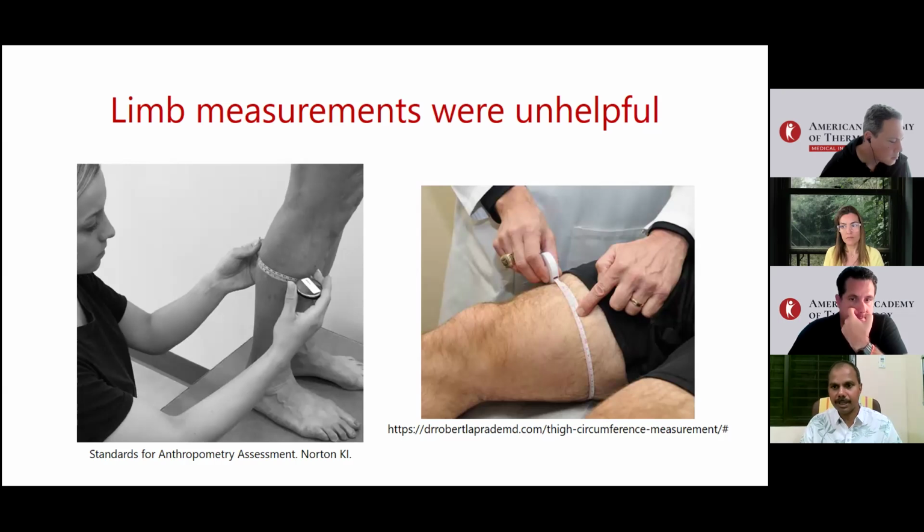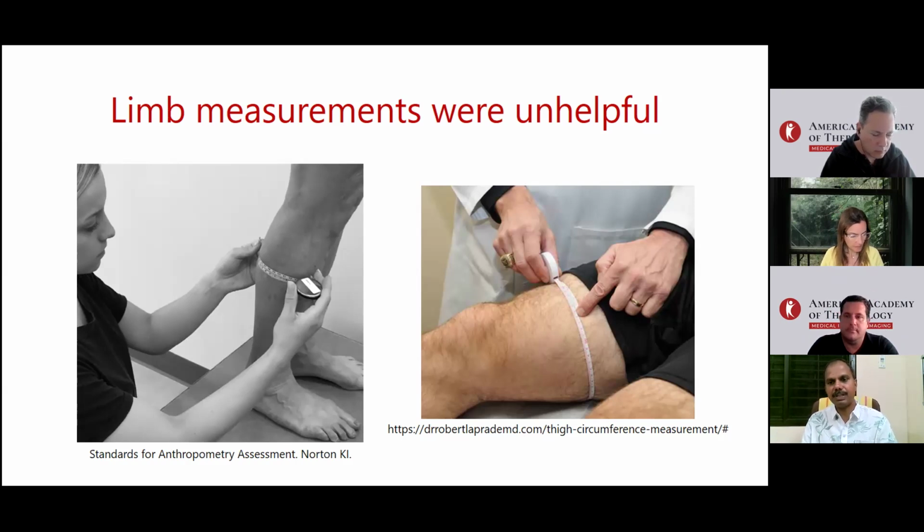We use a simple measuring tape, take multiple measurements of the leg and the thigh or in the upper limb. But then we realized that this technique of making serial measurements is not sufficiently sensitive to pick up changes. Clinically, it's very apparent that swelling has increased, but that is not reflected much in these measurements.